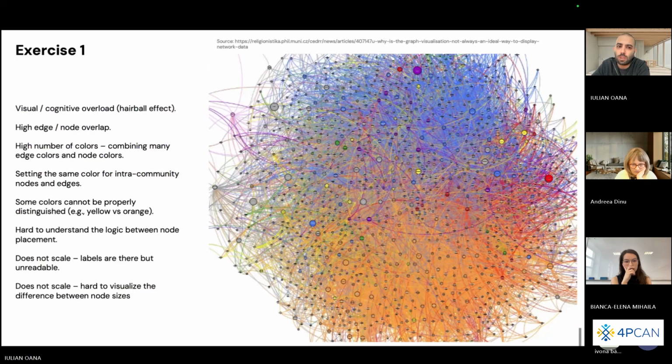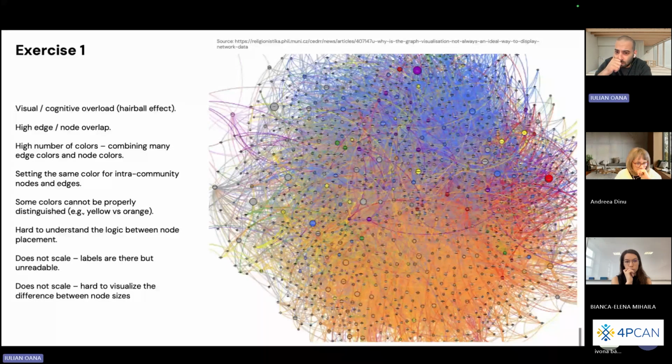Also, we're talking about a cognitive overload here, visual overload and cognitive overload on our readers. Very bad practice. We have a high node and edge overlap. We have a high number of colors because we don't have just node colors, we also have edge colors.